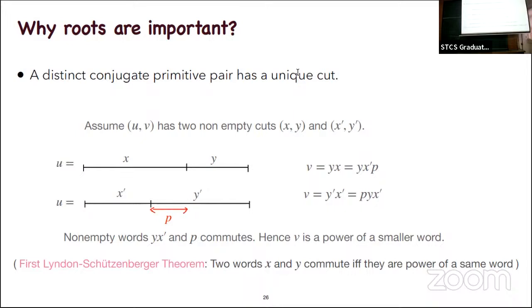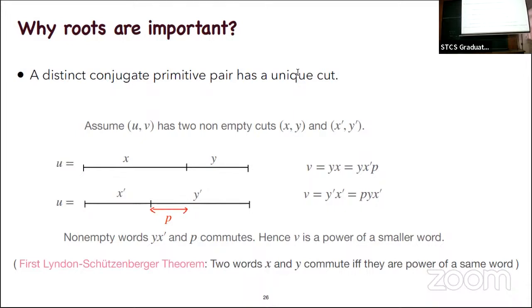In combinatorics on words, imagine you have two cuts for U. One cut is x, y, another cut is x prime, y prime. Without loss of generality, let's assume that x prime is a prefix of x. Then there is a P such that x prime P is equal to x.